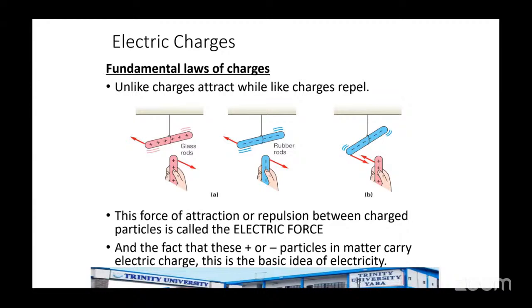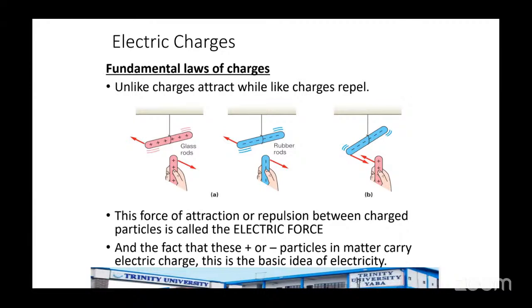That is why you see the arrows moving apart. Then in the last diagram on the right, we have a blue rod and a red rod. The blue is negatively charged, the red is positively charged. When we move them close together, they attract. That is why you see the two arrows moving together. This attraction and repulsion between charged particles is called an electric force.